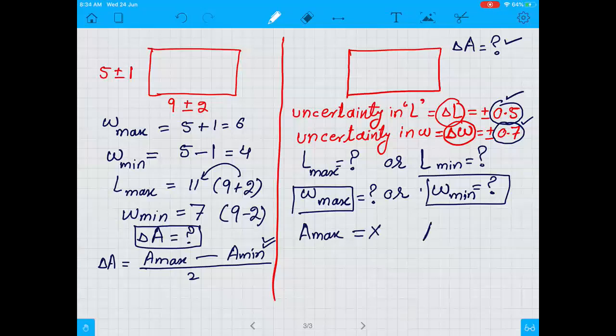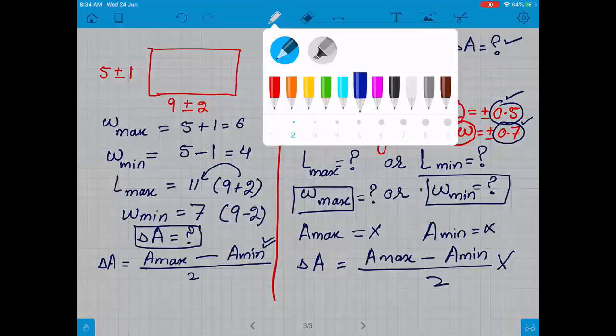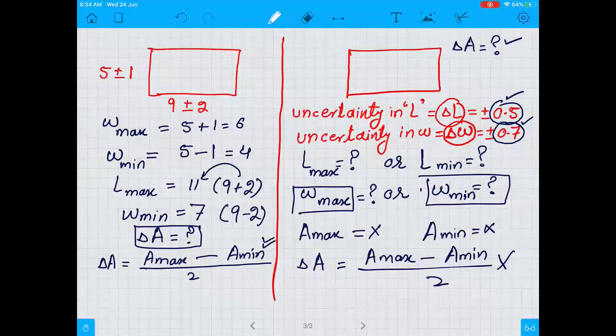In the same manner, you cannot calculate the minimum value of the area. Now this formula delta A is equal to A maximum minus A minimum over 2 cannot be applied. The reason being, you cannot calculate the maximum and minimum values since the values are not given.